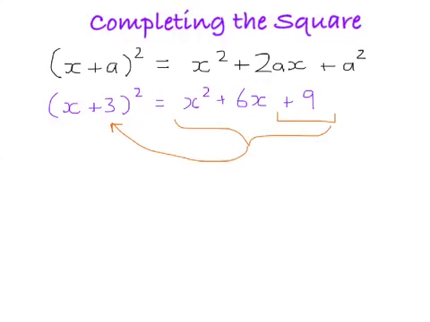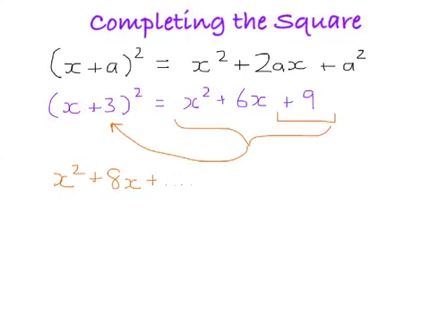So as an example, if I give you x² + 8x and I ask you what the last term is, if you could answer that, that'd be completing the square.